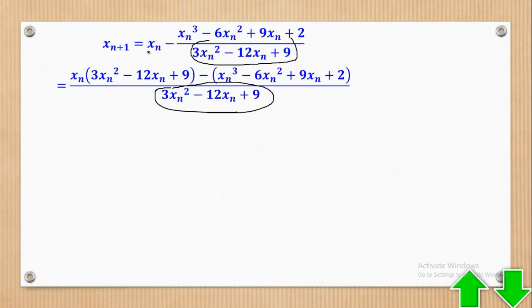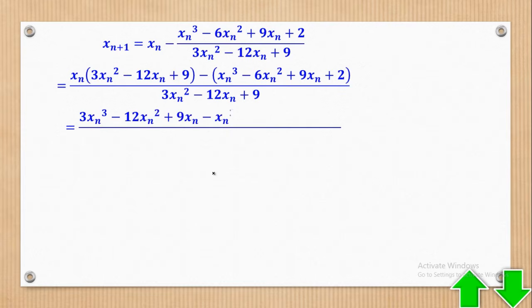So this LCM divided by 1 multiplied by xn, I'll come up with this part. Then also LCM divided by this, it cancels, so when I multiply by this I'll come up with only that part. The next is to open brackets. Then after opening brackets I will collect like terms.